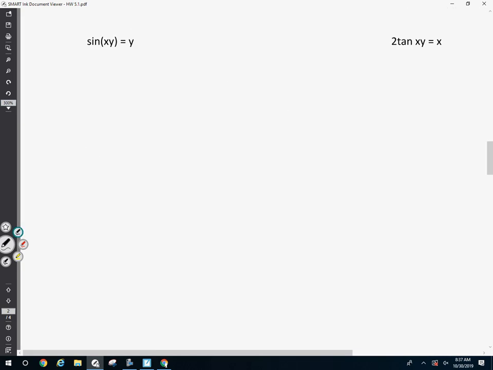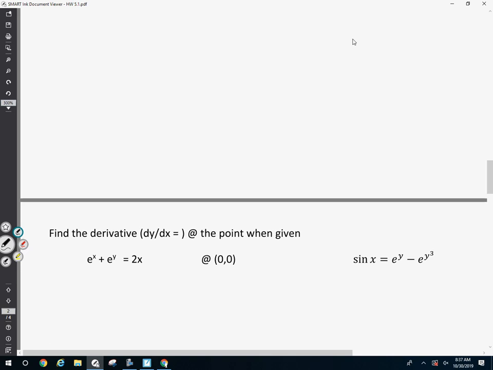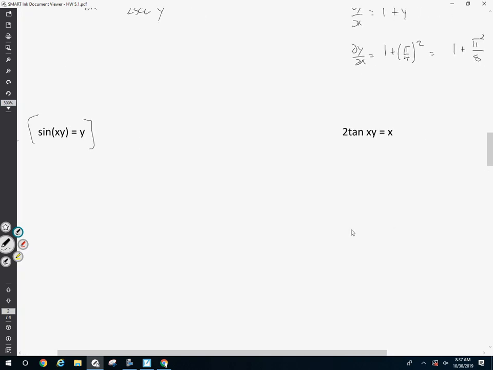All right, to some tricky ones. Sine of xy. I'm going to do a different one for the next one because I want us to understand. Let's do another one like sine of x plus y equals y.